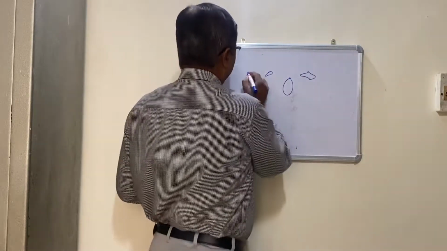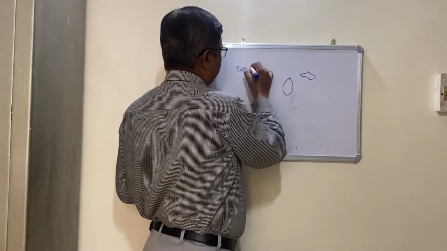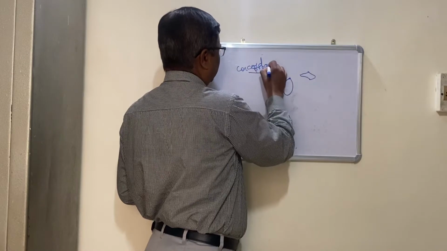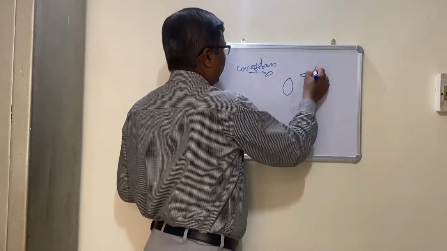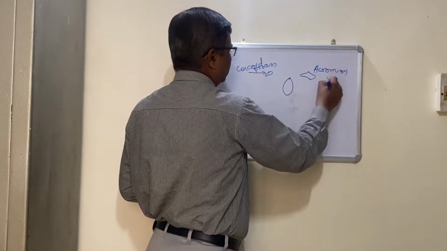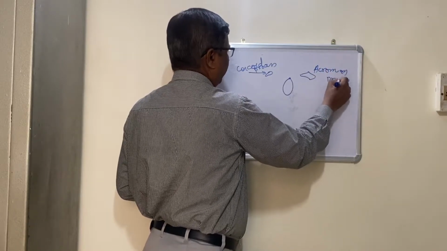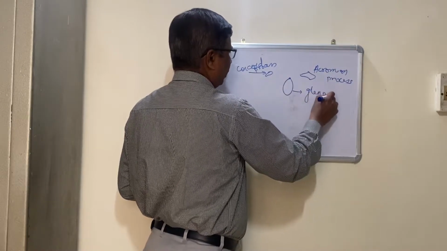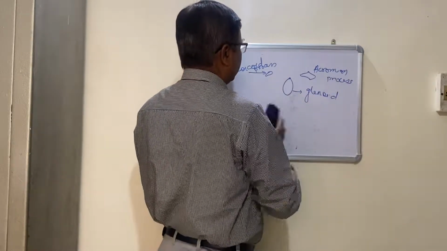Okay, so this is the coracoid process. Then you will have the acromial process, and this is the glenoid cavity of the scapula. Okay, I will not label this because it will be difficult for me.